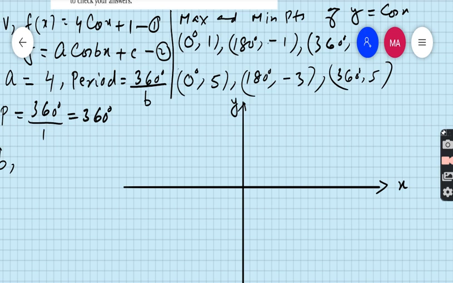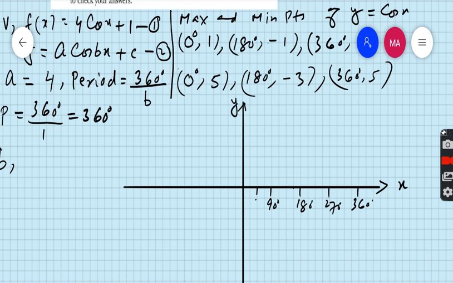The maximum value of x is 360 degree. So I am taking 90, 1, 2, 3, 4; 180, 1, 2, 3, 4; 270, 1, 2, 3, 4; 360 degree.